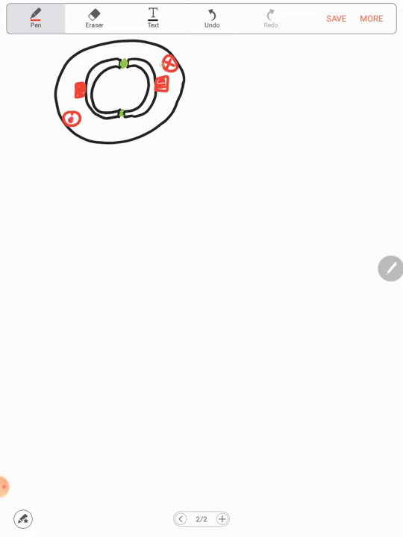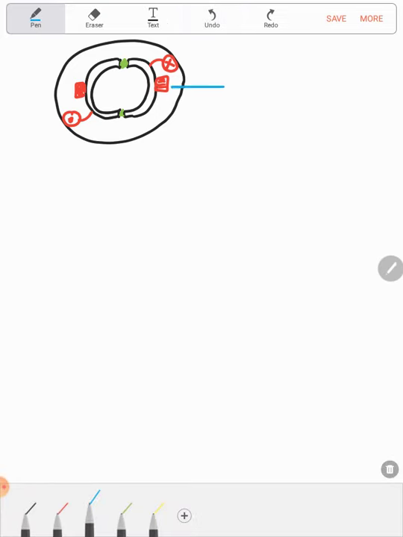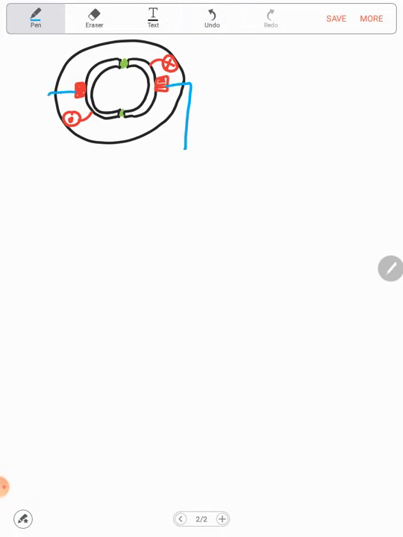So this terminal is connected to this segment and this terminal is connected to this segment, and the brushes are connected to an external circuit. So this will be the plus and the minus, and this is the VA, let's say.